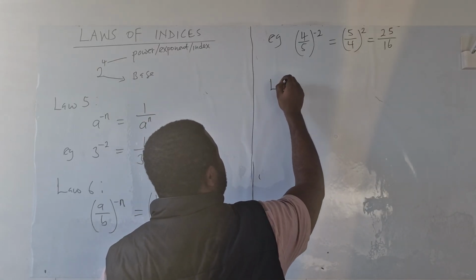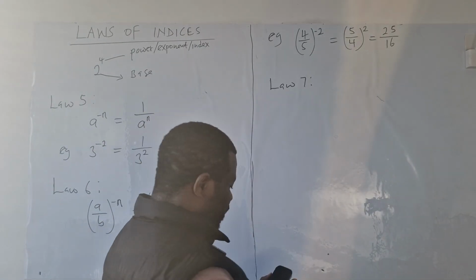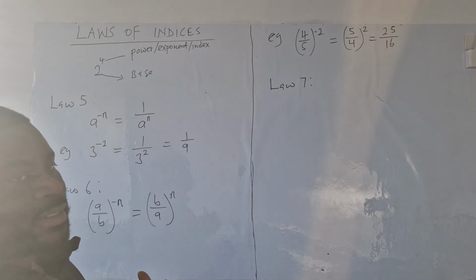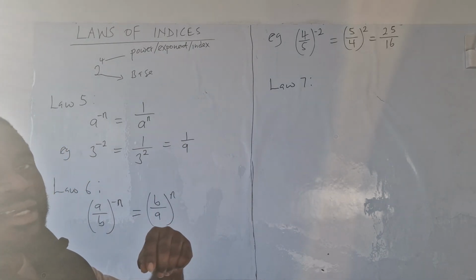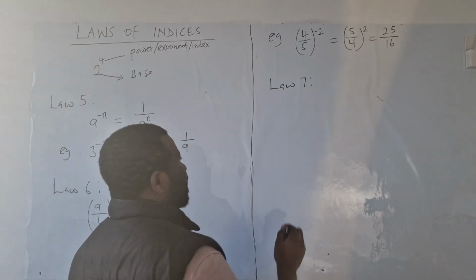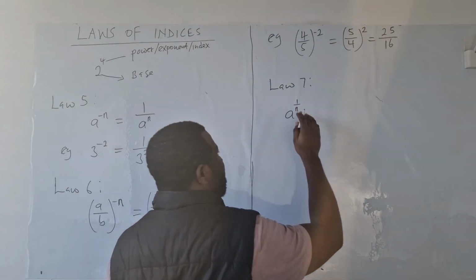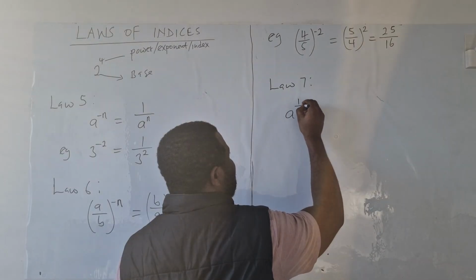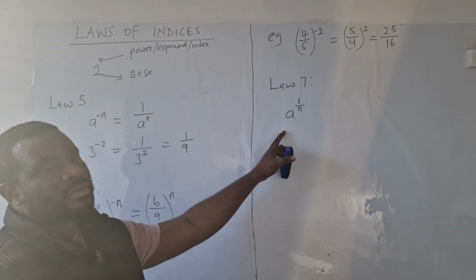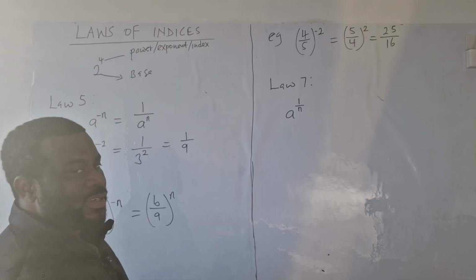Then let's look at law 7. For law 7, we are going to look at a fractional index. So let's say I have a raised to the power 1 on n. This time around, the power is a fraction. If you have a base with a fractional power, how do you deal with it? Law 7 is going to help us.